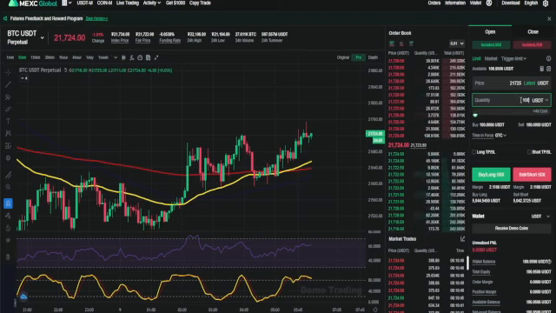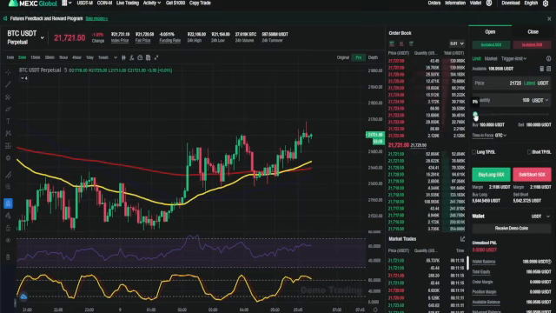100 bucks right there. But the problem with that is I'm at 50x. So 100 bucks divided by 50 is literally $2 of my account, roughly.